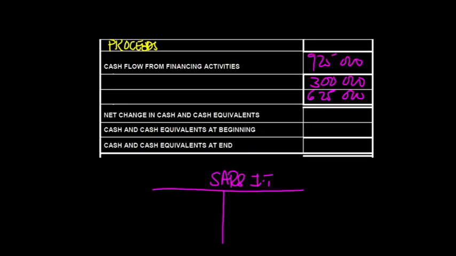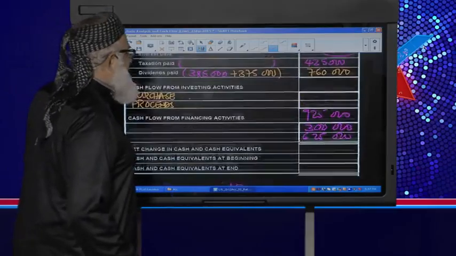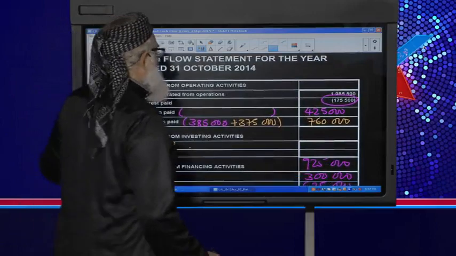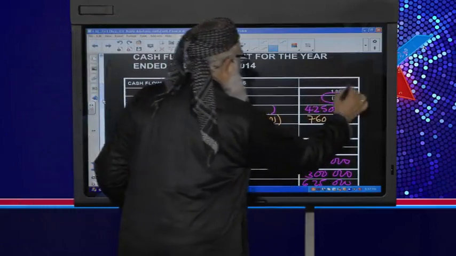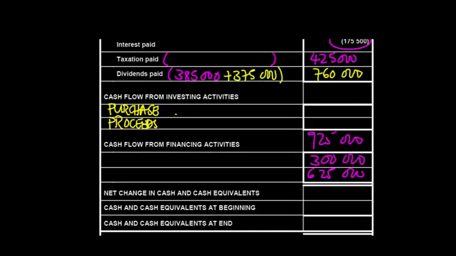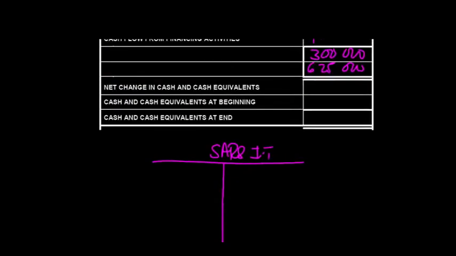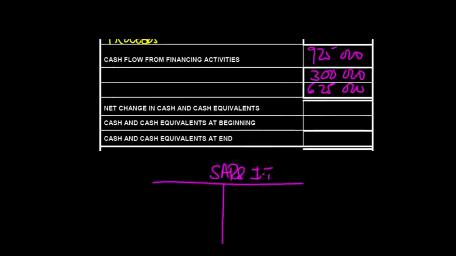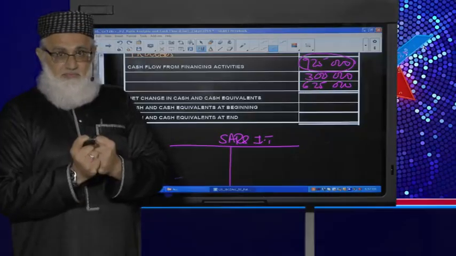I'm not going to go into showing you all the figures. You can do this for yourself. What I want you to take particular notice of is once you have your operating activities, 2, you have your investing activities, and 3, you have your financing activities. Those 3 components must be added together.